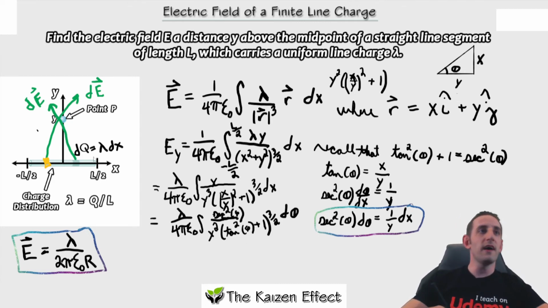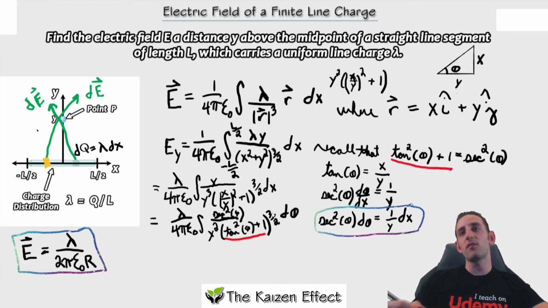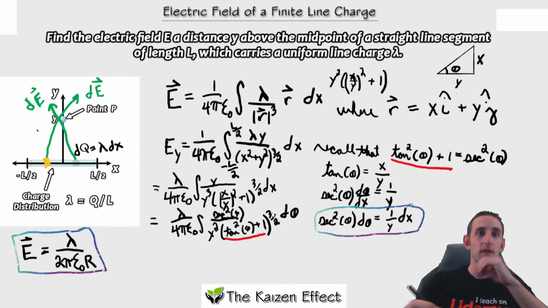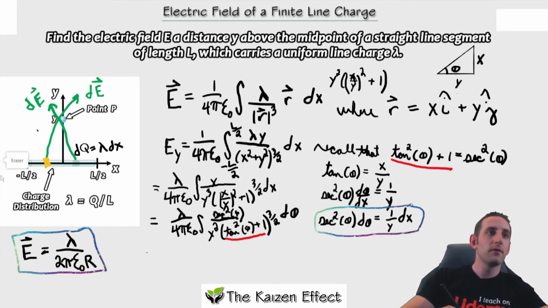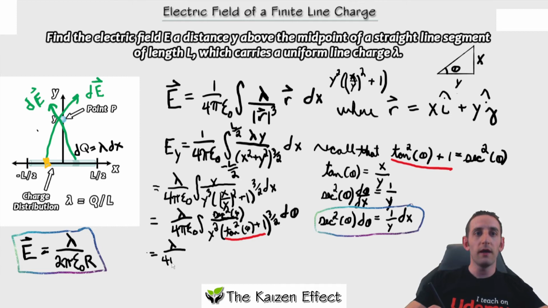But what we find is we see this guy and we look at this. Whoa, wait a second. We can pull in a secant squared, and that's going to simplify this integral drastically. So what we end up with is lambda over 4 pi epsilon naught.